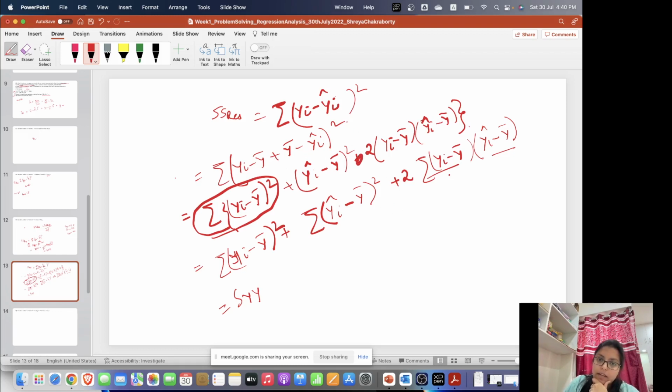Oh, this will be minus yi hat minus y bar whole square minus 2 summation yi hat minus y bar.